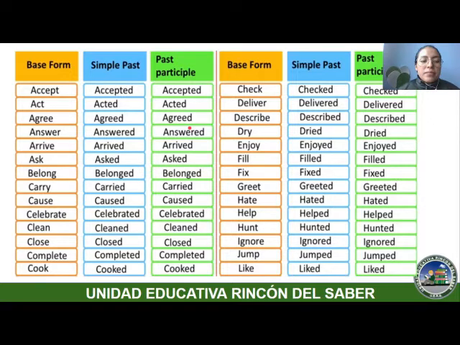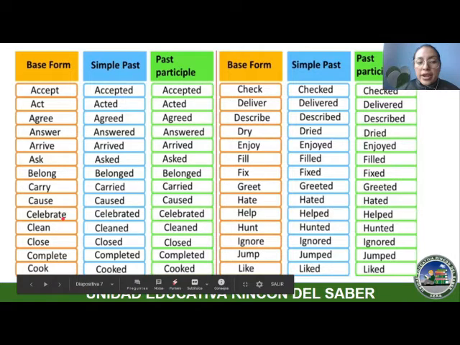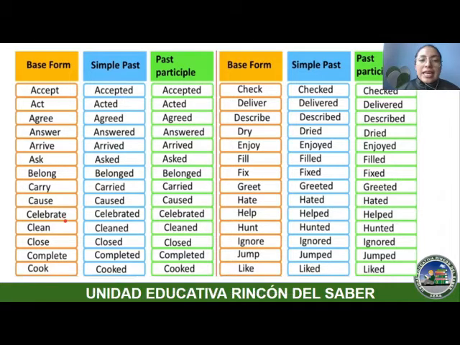For example, complete or celebrate is the same. You have to only add d. Porque ya tenemos la e, no tenemos que repetir nuevamente. Okay? But there are some exceptions. Hay algunos ejemplos en que no se aplica esta regla. Por ejemplo, enjoy. When you want to conjugate in past, you don't change this final letter.